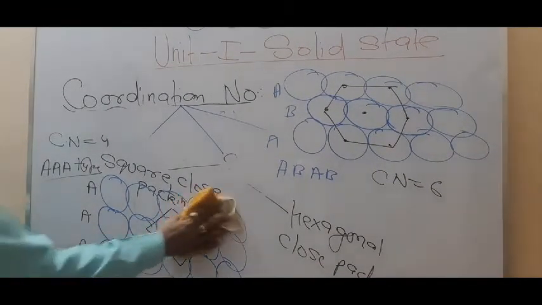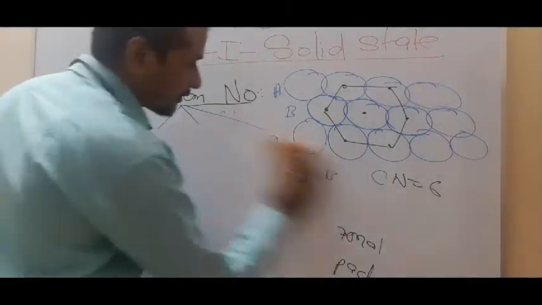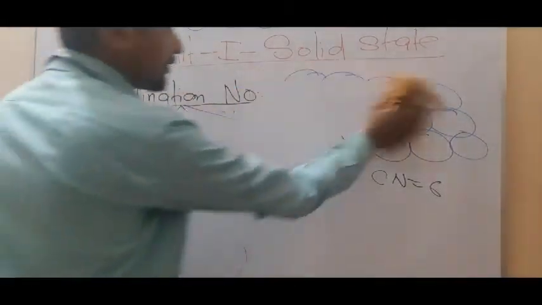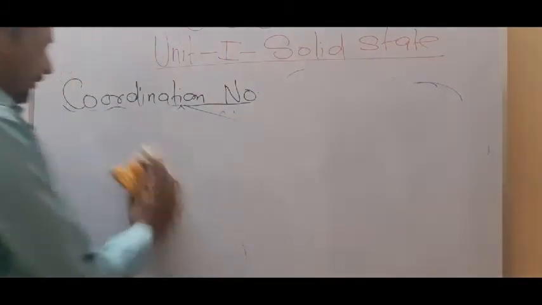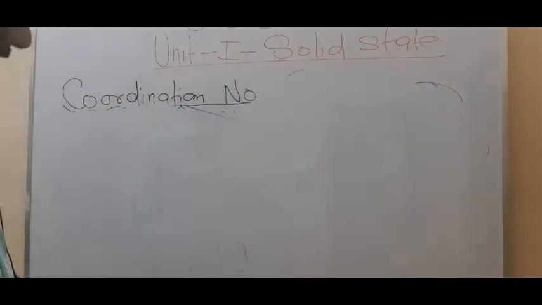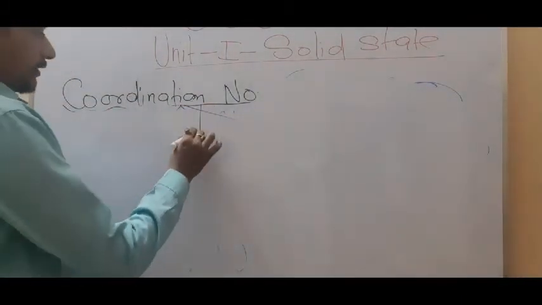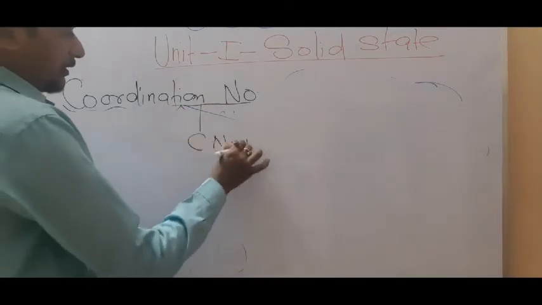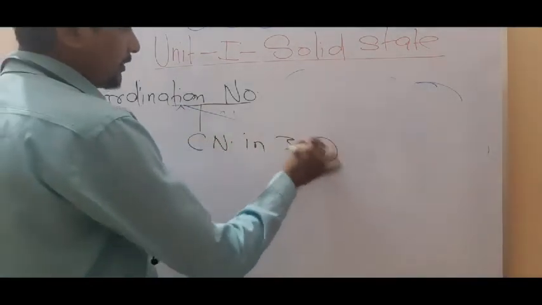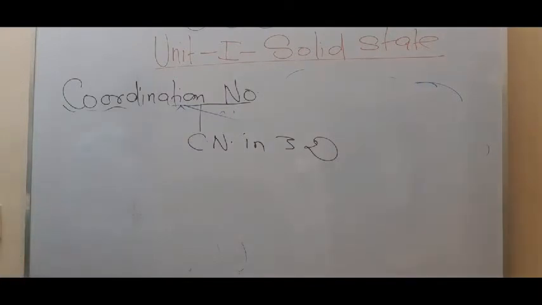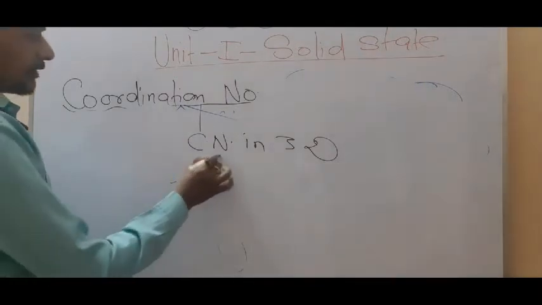So these are all about the coordination number in 1 dimension and 2 dimensions. But as you know, the real structure belongs to 3 dimensions. So simply you have to learn the coordination number in 3 dimensions.